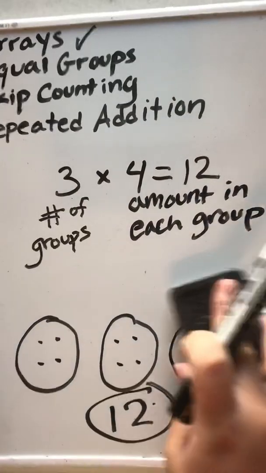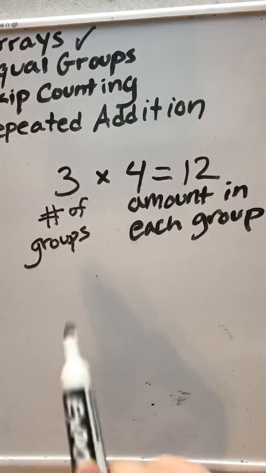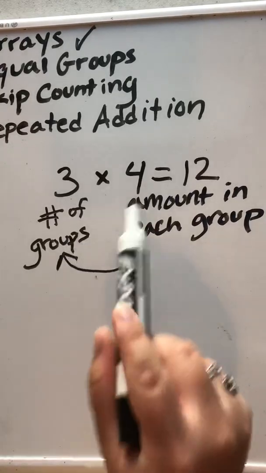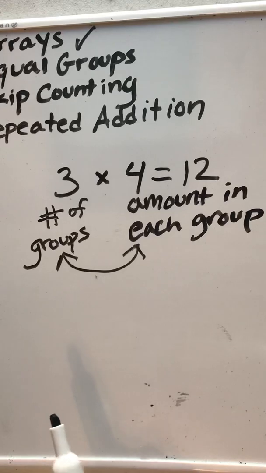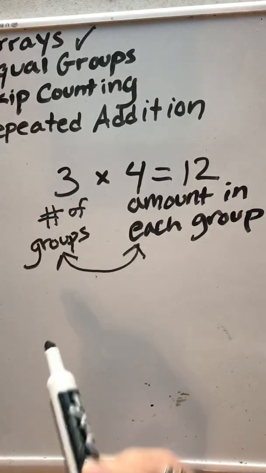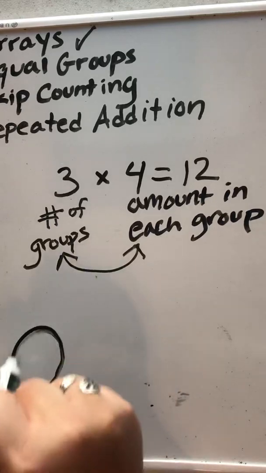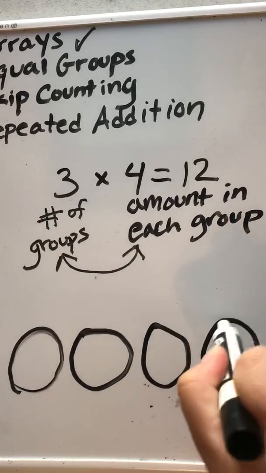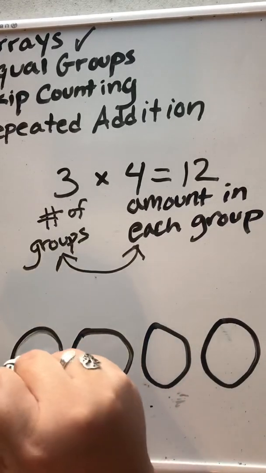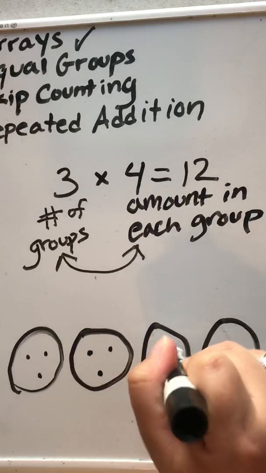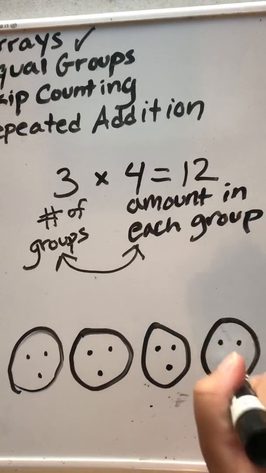What if I flipped these around? And I decided that 4 was my number of groups, and 3 was the amount in each group. I would draw 4 groups with 3 in each. 1, 2, 3, 1, 2, 3, 1, 2, 3, 1, 2, 3.